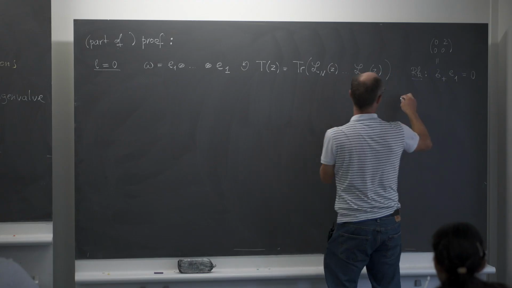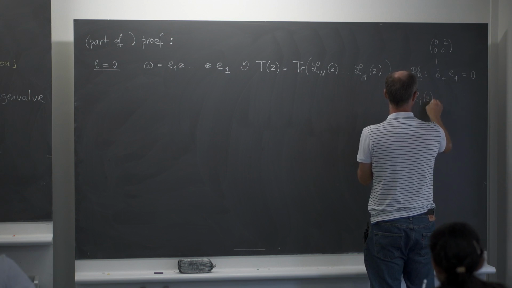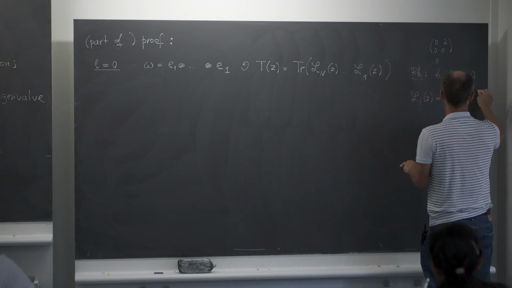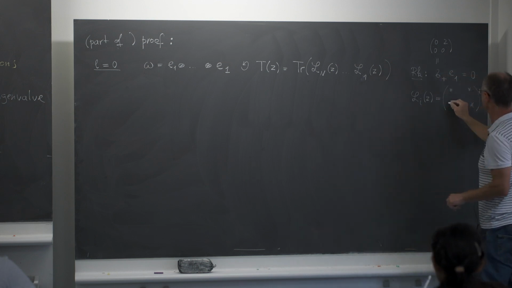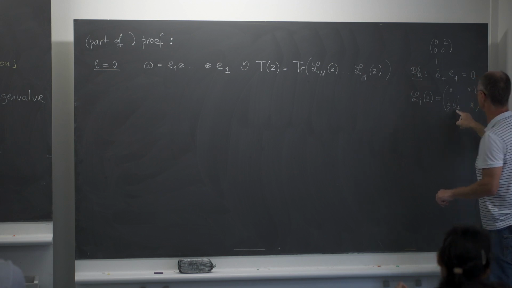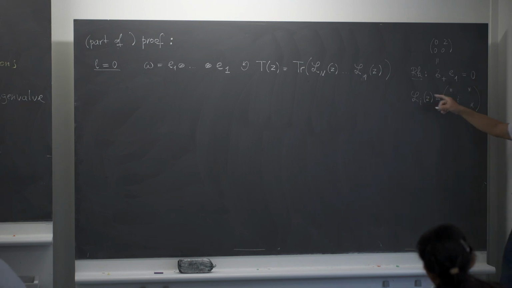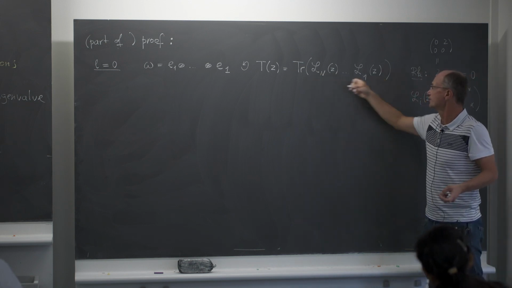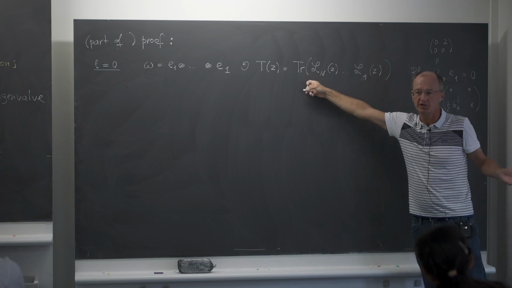Remember, when you write a formula for Li of z, you have something, something, something, but here you have I over 2 times this sigma plus I. So now, a priori, this trace consists of many, many terms.